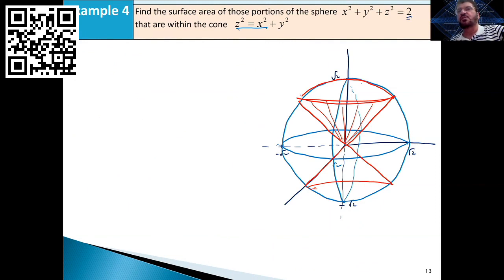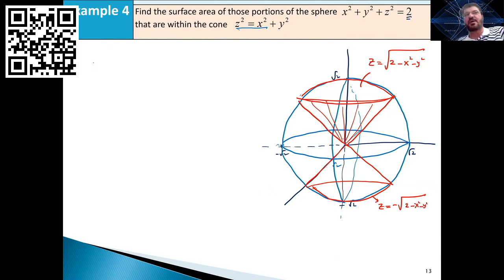This sphere. So this one is z equal to the square root of 2 minus x squared minus y squared, isn't it? This is the top one. The bottom one here is z equal to minus the square root of 2 minus x squared minus y squared.